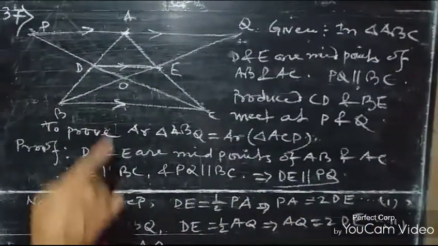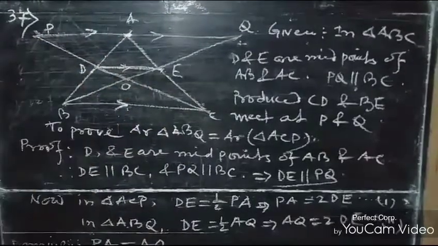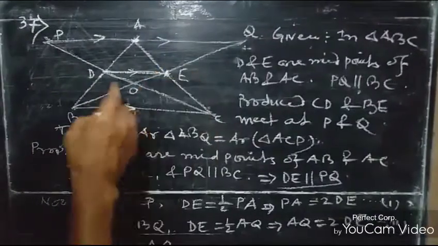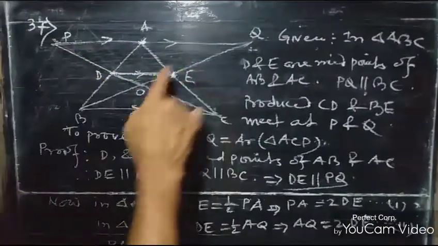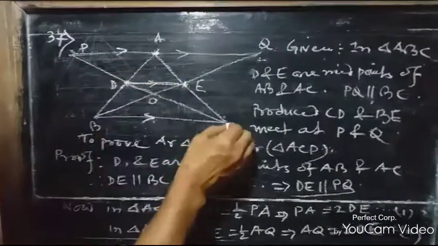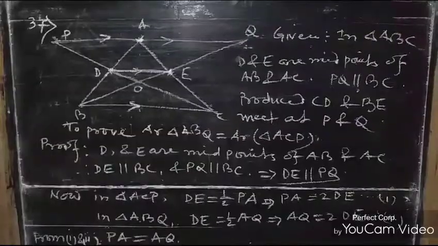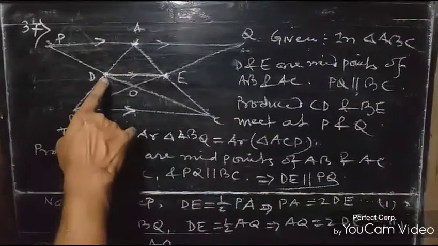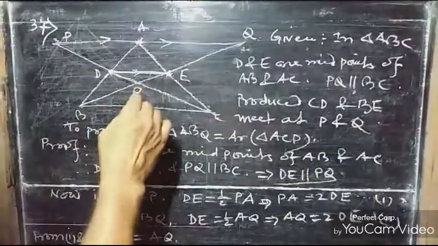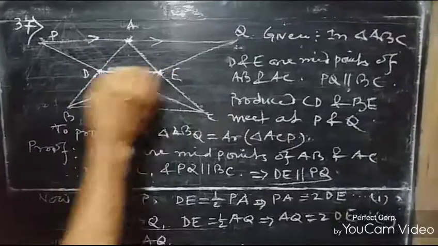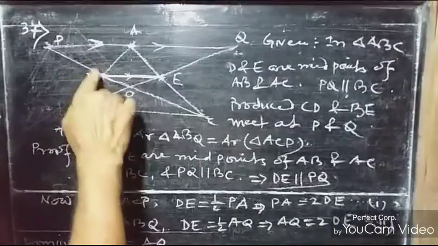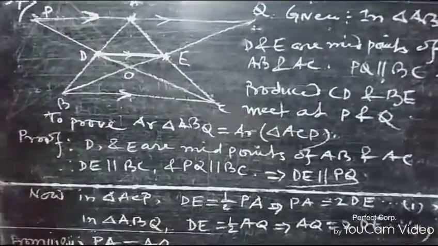Now in triangle ACP, E is the midpoint of AC and DE is parallel to AP. So we can tell that D is the midpoint of CP. Now D is midpoint of CP and E is midpoint of AC. So in this triangle, these two are midpoints. So we can tell that DE is parallel to PA and DE is half of PA.